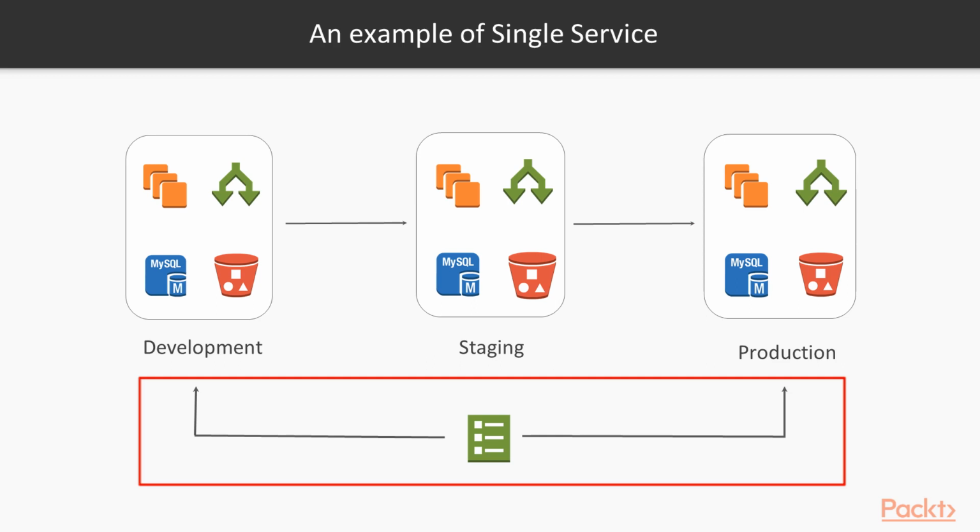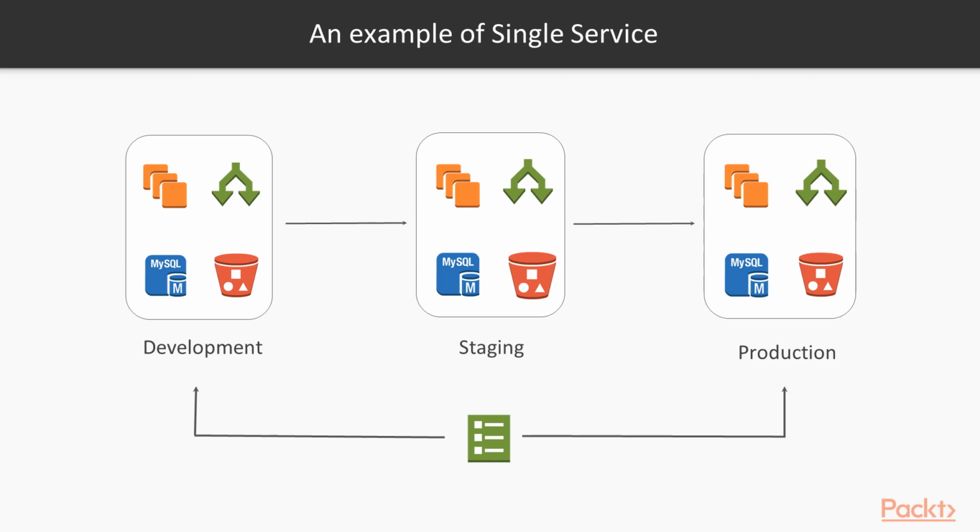It can be a CloudFormation template which creates this specific infrastructure, and then if you want to put it in staging, all you have to do is rerun the CloudFormation template, and you have the entire infrastructure ready for you. And this is just an example of a single service. Whenever you move to enterprises where they have hundreds of services, doing things manually is not the right way. And this is the reason why the industry is now moving towards automation.